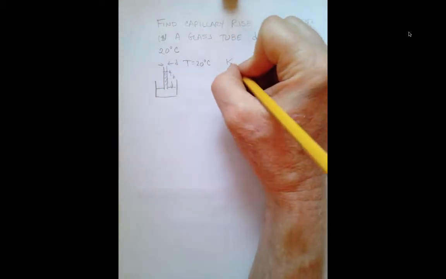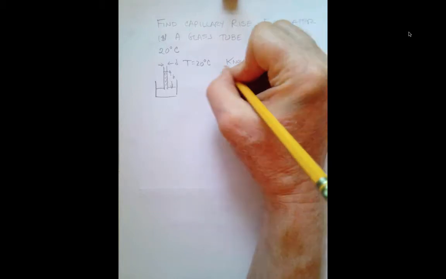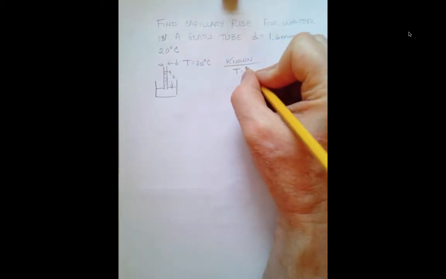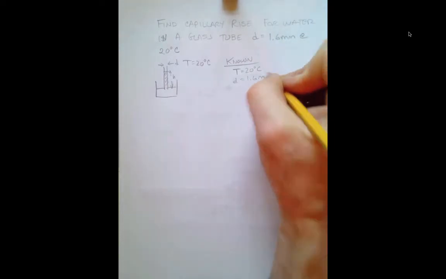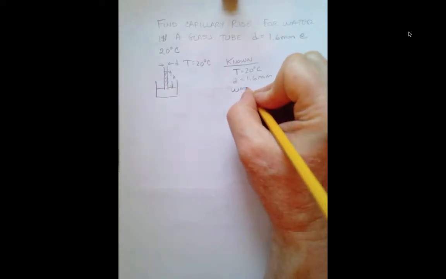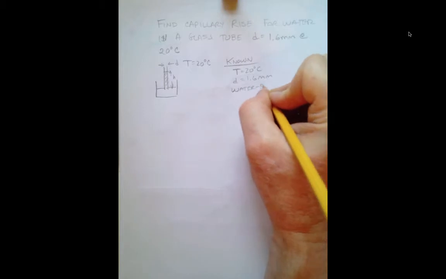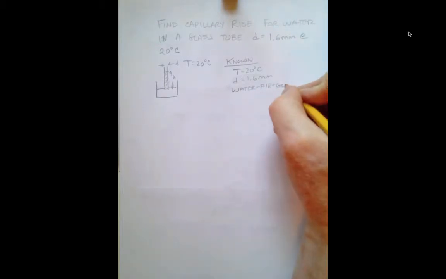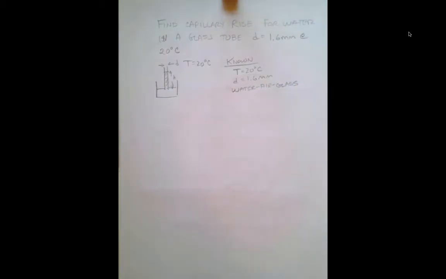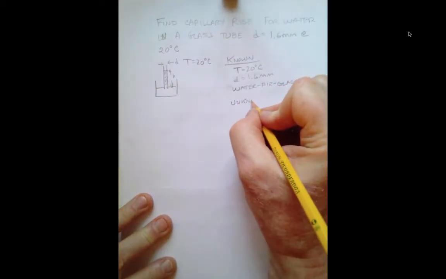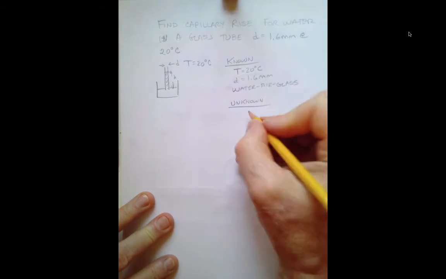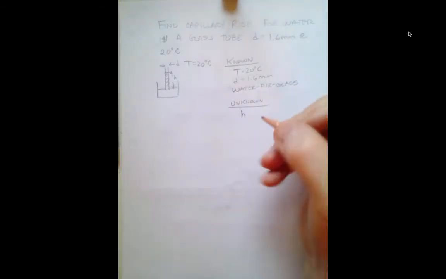So we want to list our knowns. We know the temperature, 20 degrees Celsius. We know the diameter, 1.6 millimeters. We know it's a water-air glass system. Unknown is h.